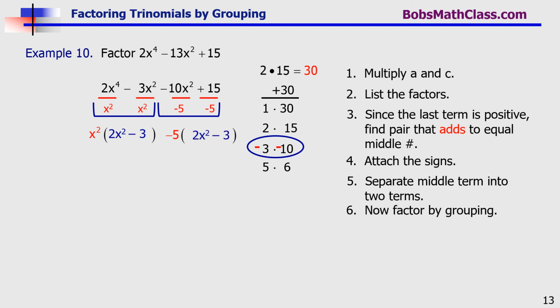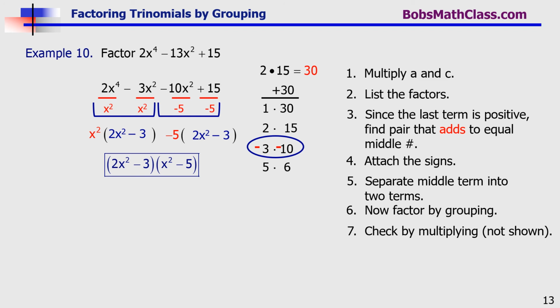That'll also give us 2x squared minus 3. There's our final answer: 2x squared minus 3 times x squared minus 5. You could also check it by multiplying if you want. It should work. All right, I'll see you here for the next video.